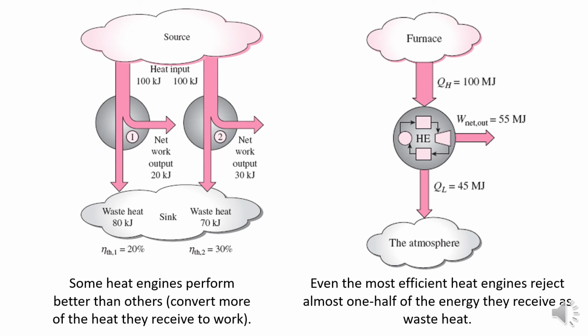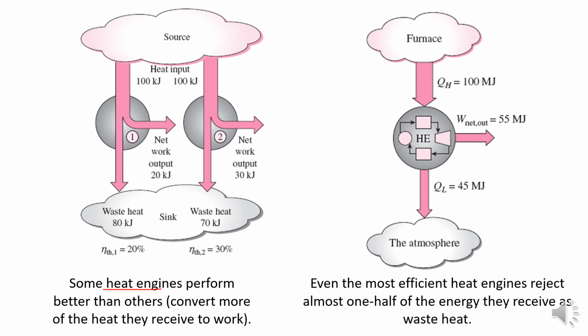Okay, this is an example. If we have a heat source here, usually some heat engines perform better than others. So here, this is heat engine 1 and this is heat engine 2.